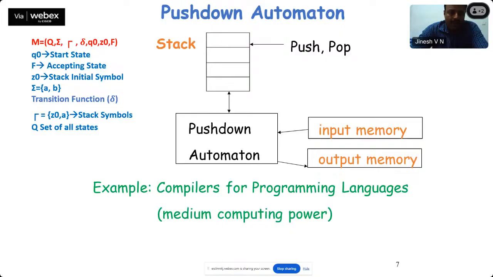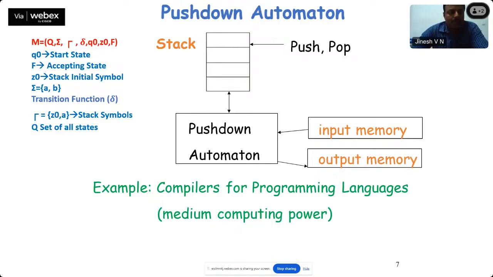Whenever we give input, the machine will read the input and the state transition will happen. Along with that, it is going to push something into the stack. What is going to be pushed into the stack also has to be decided. So the transition function or control function will be controlling the state transition along with the stack content also.